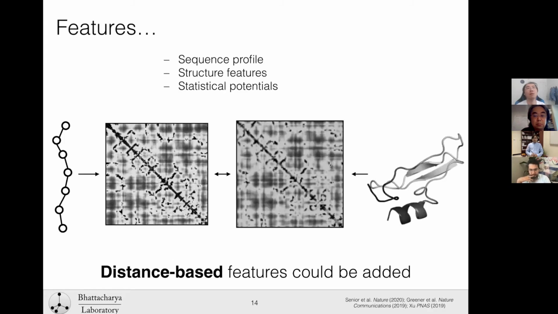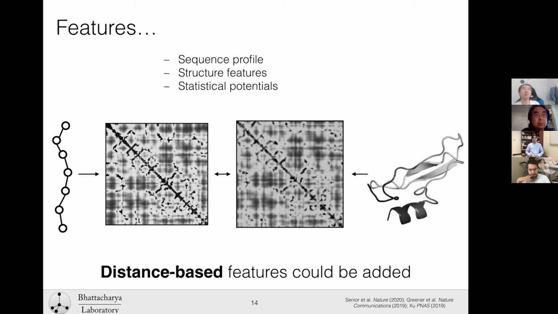Now, in terms of features, these quality estimation methods use standard features, which include sequence profile, structural features, or statistical potentials. But none of the methods use the distance features that AlphaFold and similar methods have successfully used in structure prediction.